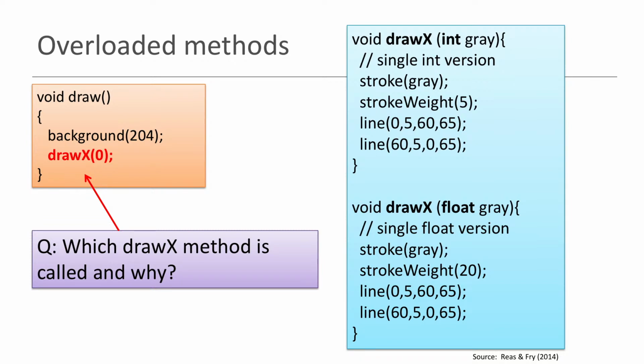So which draw x method is called and why? I'm going to leave that as a question here and see if you can answer that one. I'm doing this in Slack.